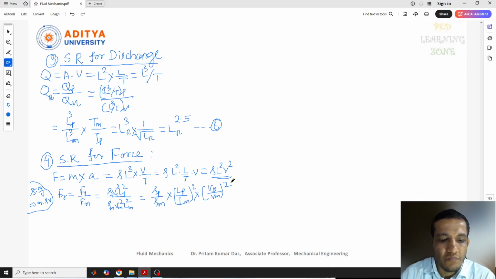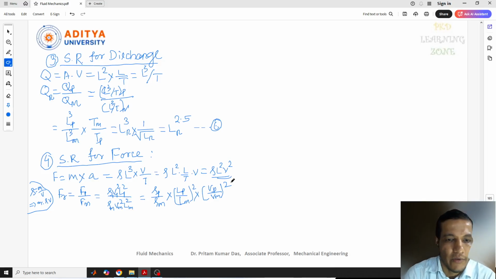Now here, if the fluid in the model and prototype are the same, then we can consider the density to be the same, because the same fluid is there. Same fluid means density is not going to change unless there is a huge temperature effect.